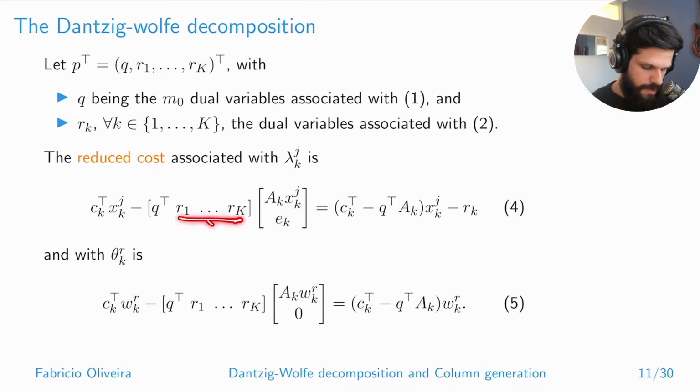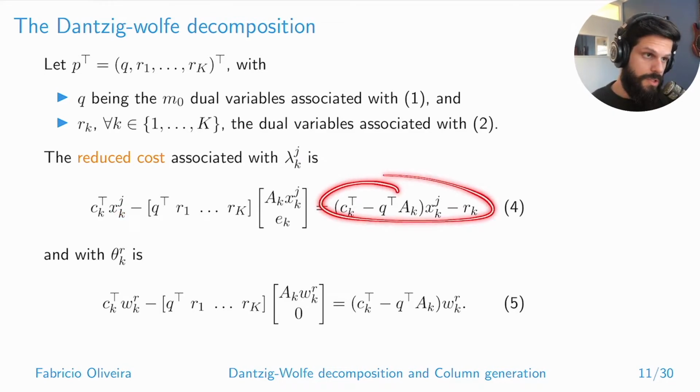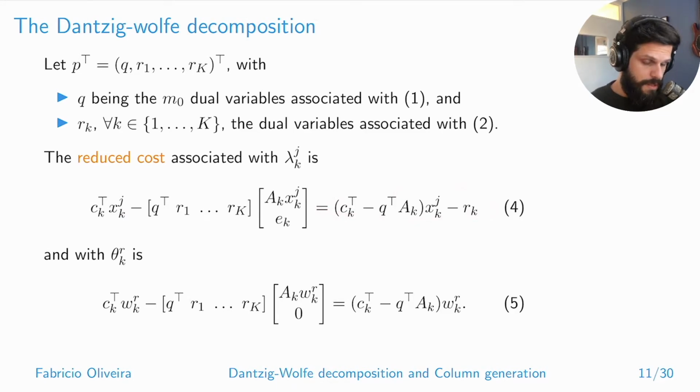We get that, and this times this, I obtain this term here. So I can put x outside there, and this x was originally there. This is the case for the variables lambda. And for the variables theta, which are representing extreme rays, I just don't have the minus r here because the component is 0.